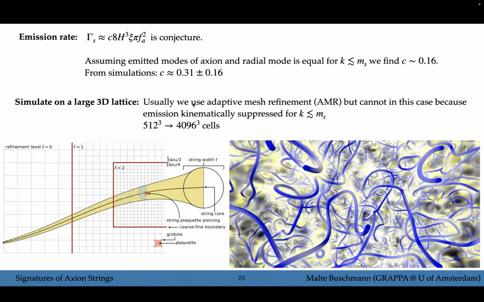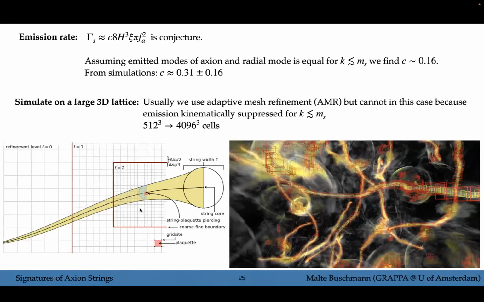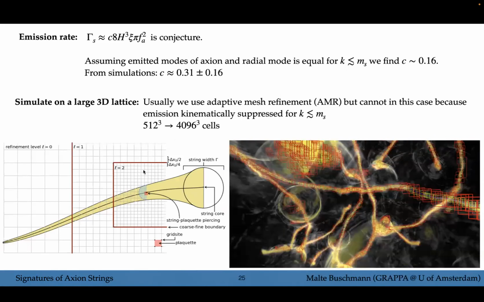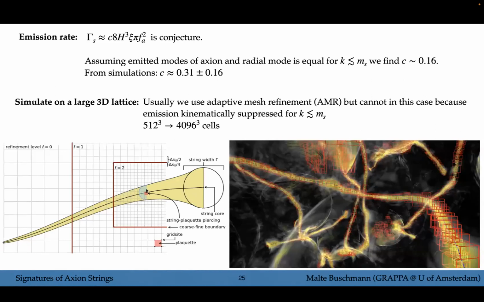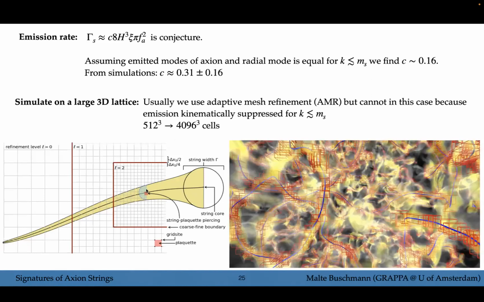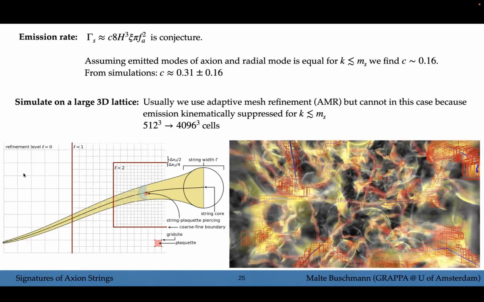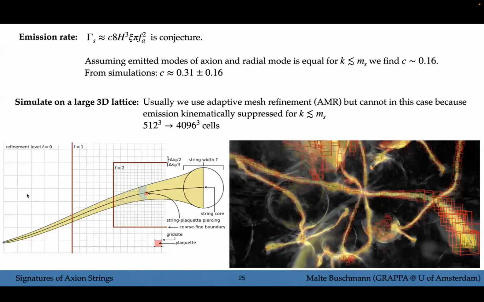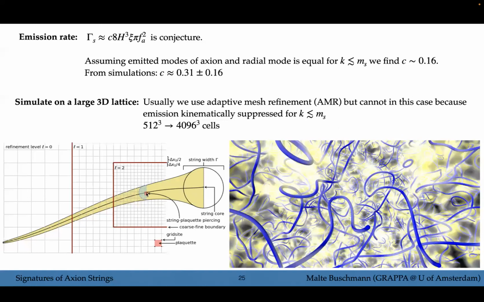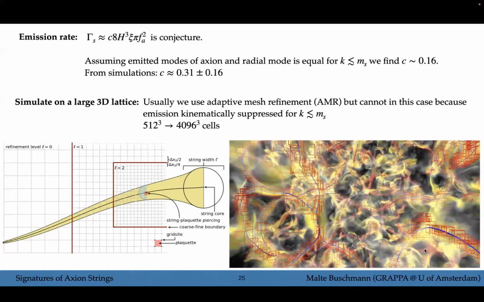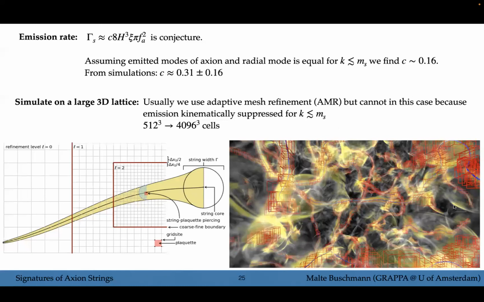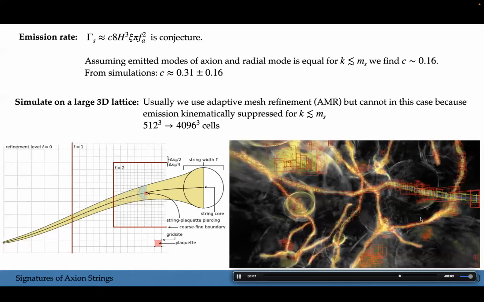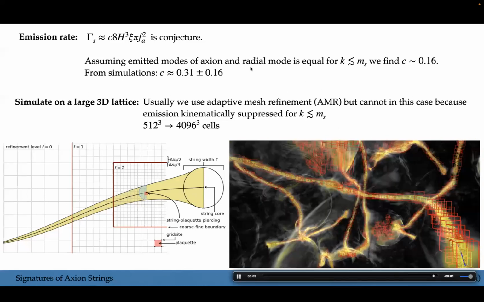Now, normally we run these kinds of simulations on an adaptive mesh, because typically we need a high resolution around the axion strings in order to capture the UV physics properly. But away from strings, we usually don't care that much about resolution. We don't need such high resolution. That's something we see in this image over here, where you can see the different refinement levels. Unfortunately, in this type of simulation, we can't actually do that.